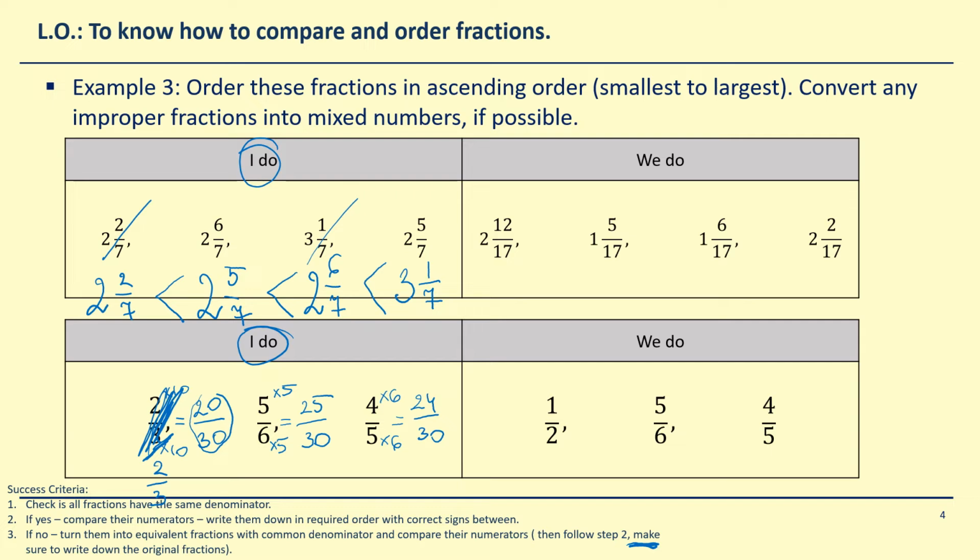So the second one is 4/5, because 24 is the next smallest one, and the largest is 5 over 6. So this is 2/3. Okay, now pause this video and follow the examples, follow the success criteria to do We Do on your own.